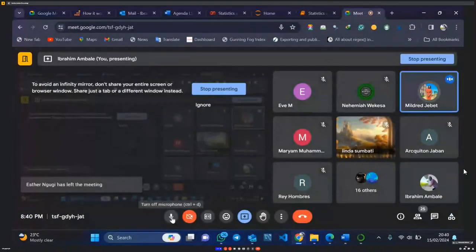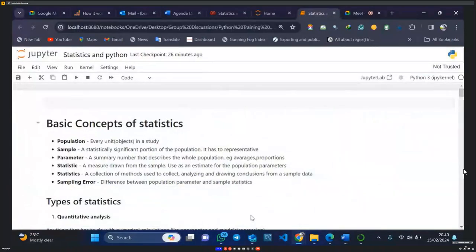Basically, a statistic is just anything that is calculated from a sample. For example, if we are taking ALX students in Nairobi, and we pick a sample of 100 who usually attend the morning sessions, and we take them to represent the whole ALX learners. Any calculation that we get from the 100 in the morning session will represent the statistic.